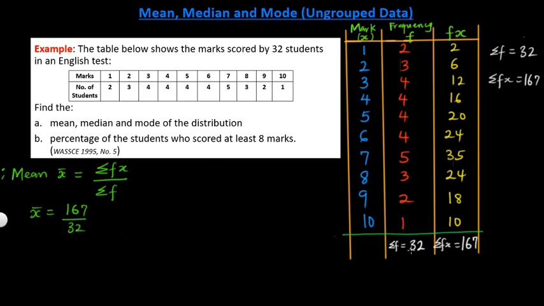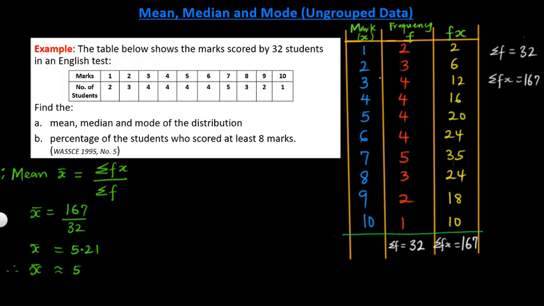So doing this, the x bar, which is the mean, gives us 5.21. If the question asks us to approximate, we can. So the mean is therefore approximated as 5. That is the mean of this data set, the average value of this data set.